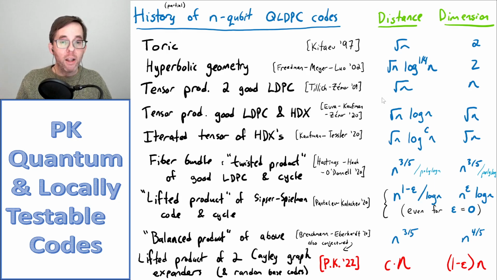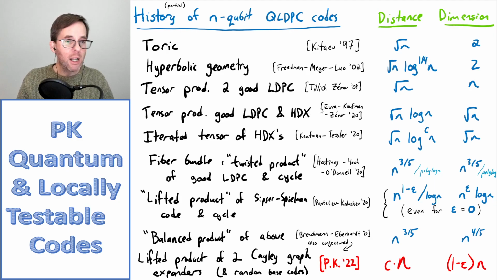Okay, flash forward another 11 years, and there's this very beautiful paper by Evra, Kaufman, and Zémor, which showed how if you took a tensor product of a good LDPC classical code and a high dimensional expander, you could break the root n distance barrier again by a log factor and get a pretty large dimension, square root n.